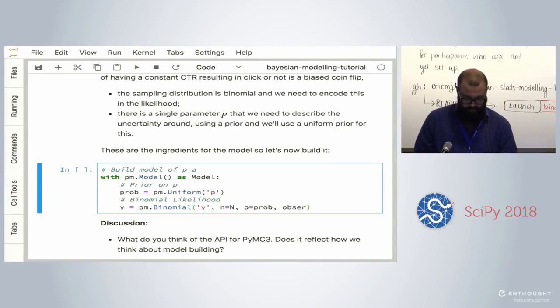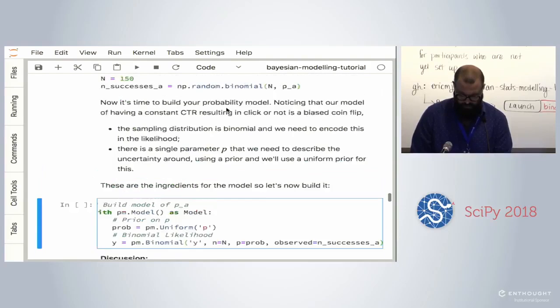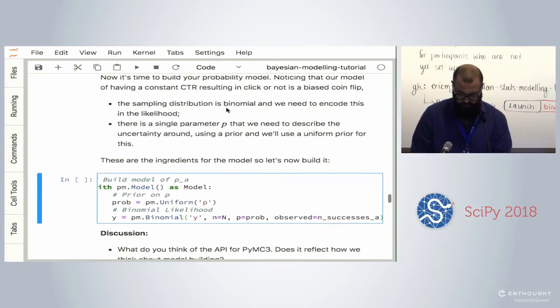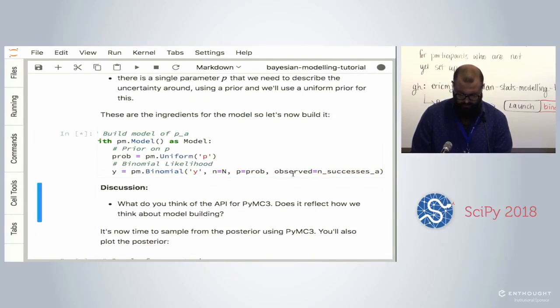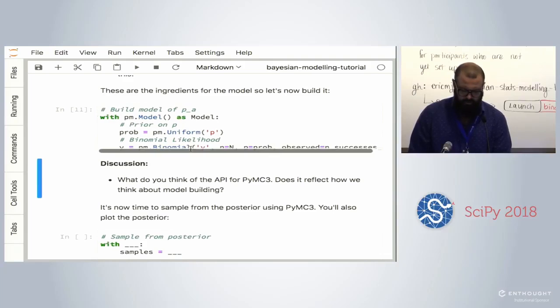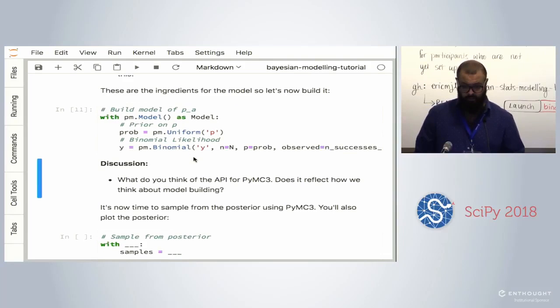So we have a keyword argument called observed, which is number of successes, A, I think it was. Yep, okay, great. Now I'm going to execute this, and that's built our model, essentially. We haven't calculated the posterior yet, but we've built our model in this context manager.